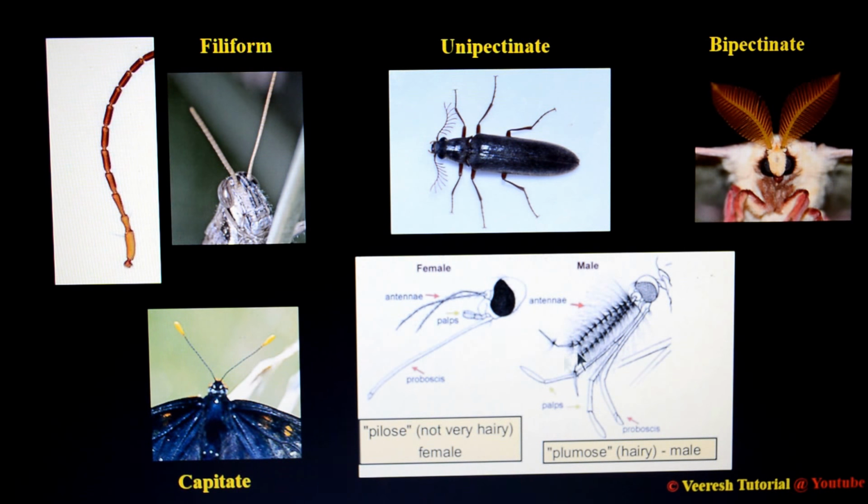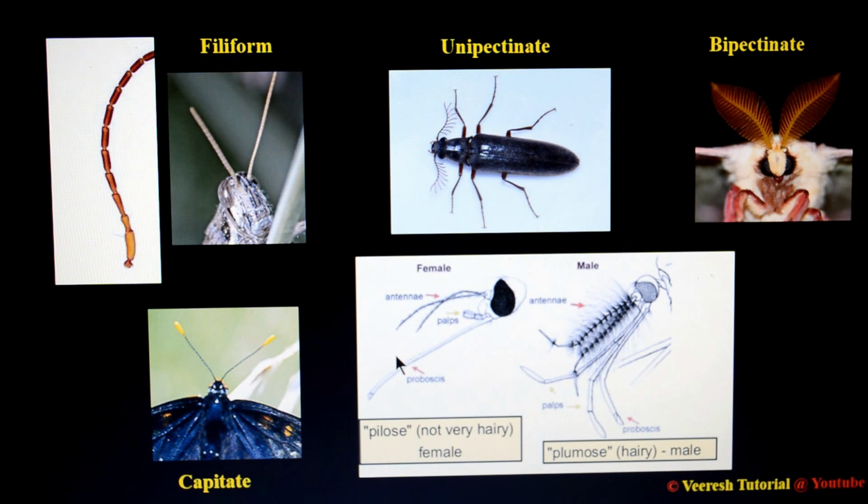And the last one is the plumose and pilose type of antenna. The plumose type of antenna is present in male mosquitoes. Here the segments bear long hairs at the constrictions.